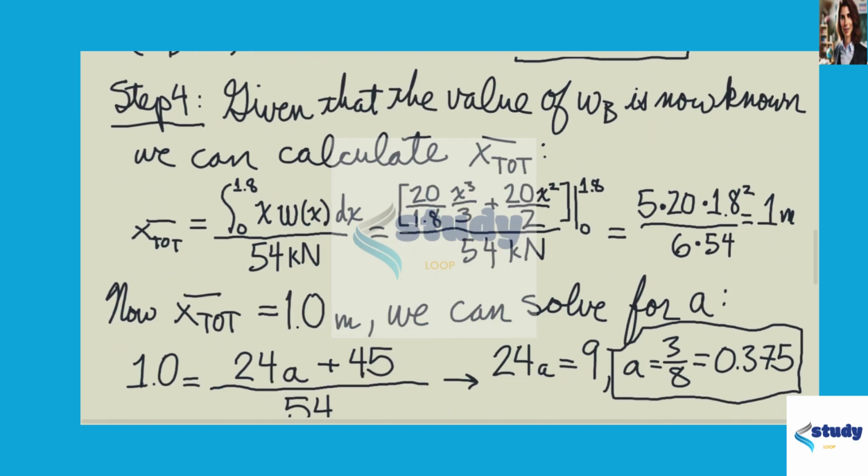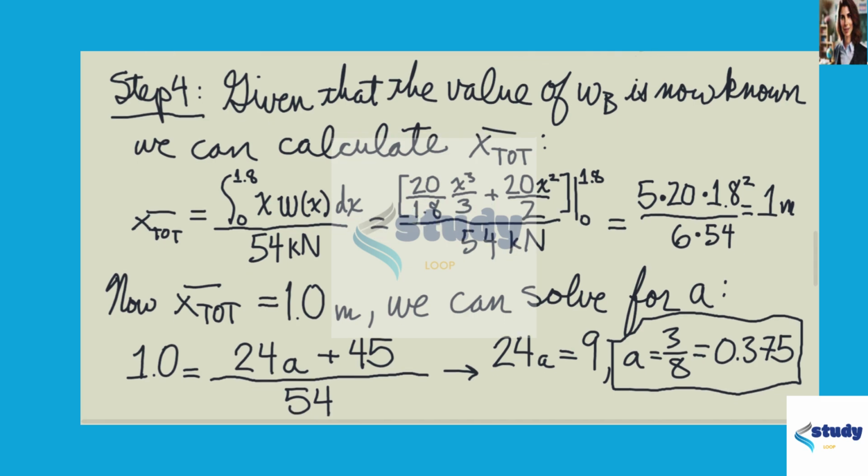Next, now that we know the value of W sub B, we can calculate a numerical value for our centroid. Doing the integral of our centroid equation here, this time we have the product of x times our linear force density times dx evaluated over the span of the beam.